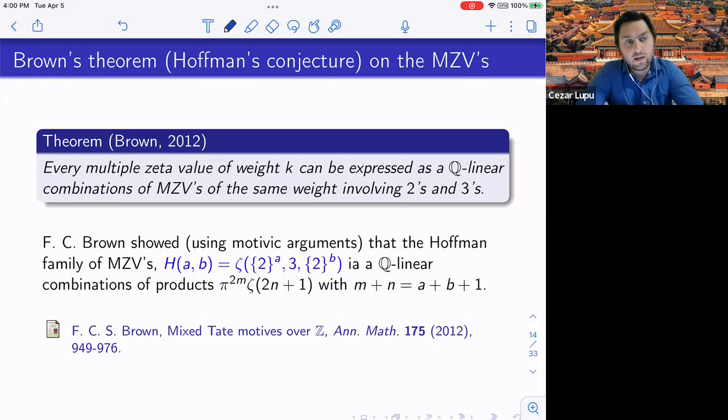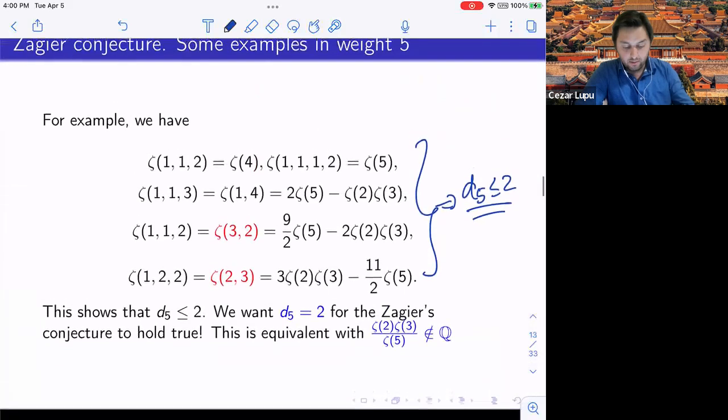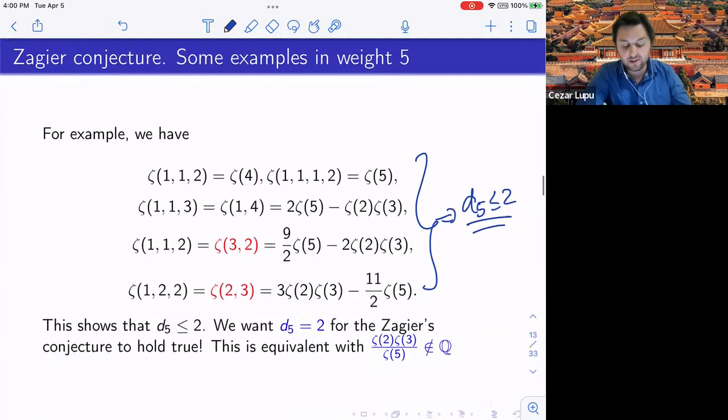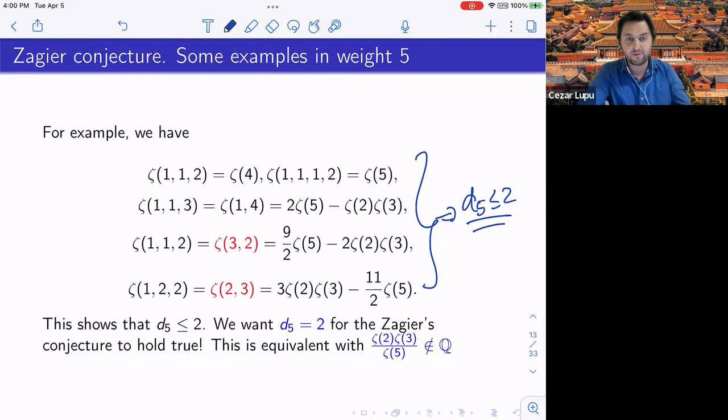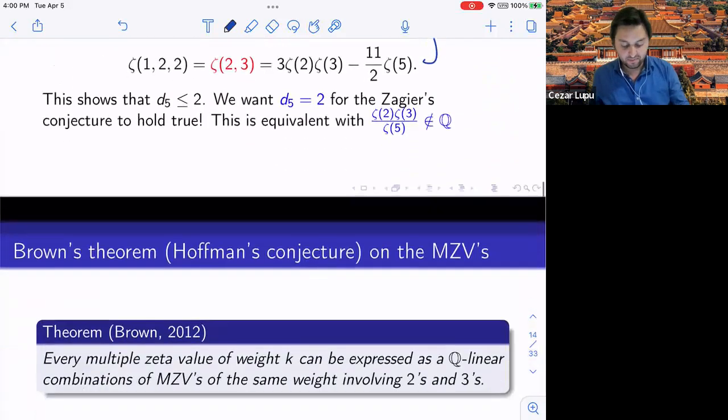As you have seen, for example, if I go back here, look at this example in weight 5: all these multiple zeta values can be expressed in terms of zeta of 2, zeta of 2, 3, and zeta of 3, 2. And the same goes in any fixed weight.